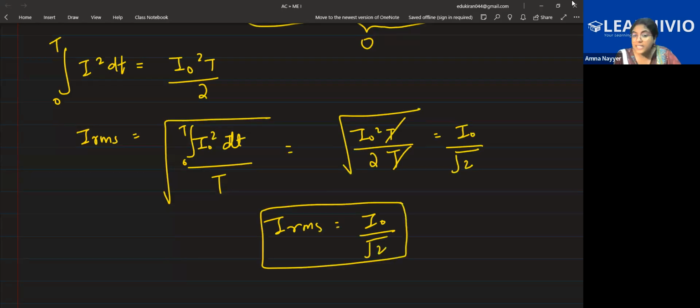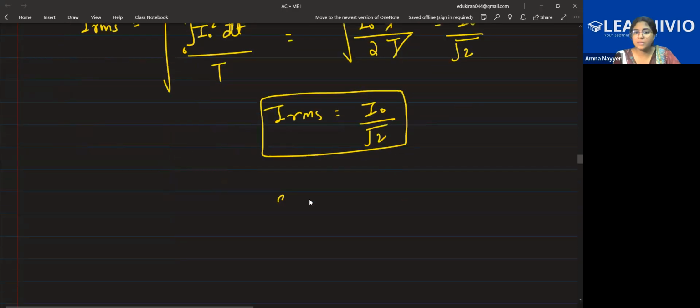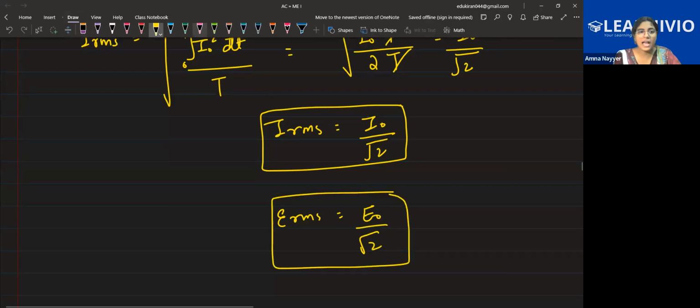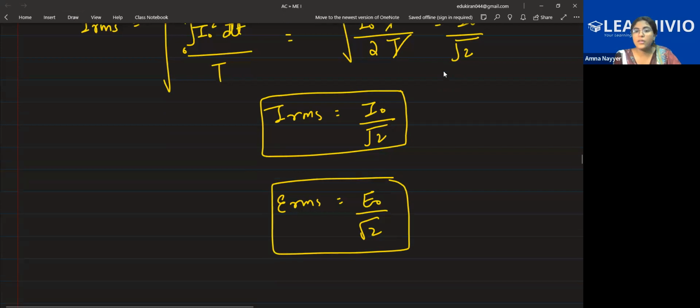The same derivation I'm not going to do, but if it comes in your exam, you have the same derivation for ERMS. That will be E naught by root 2. And what are these E naught and I naught? I naught is the maximum value of current, or you can say peak current.